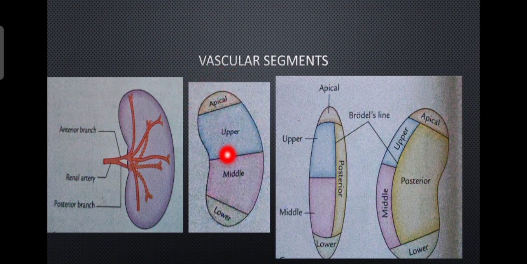Then upper consists of most of the anterior, middle consists of most of the anterior, and lower consists of the anterior, lateral, and lower posterior part of the lower pole. Okay, that covers the lower vascular segment, and the posterior vascular segment supplies the posterior aspect. So these segmental arteries divide and supply the entire structure.